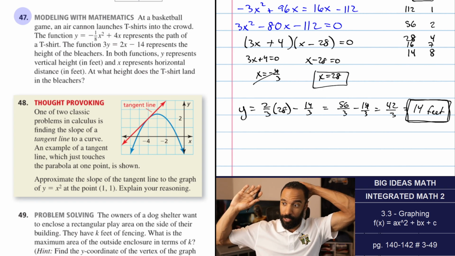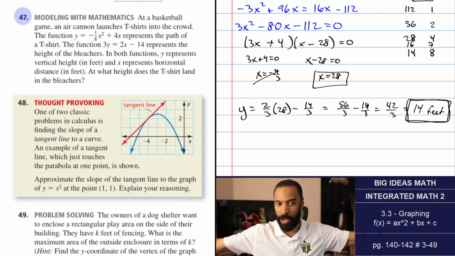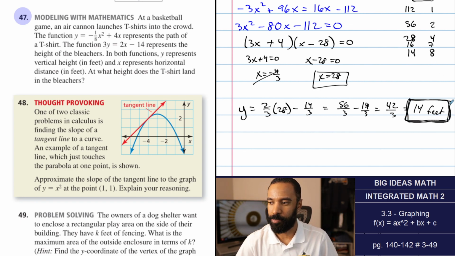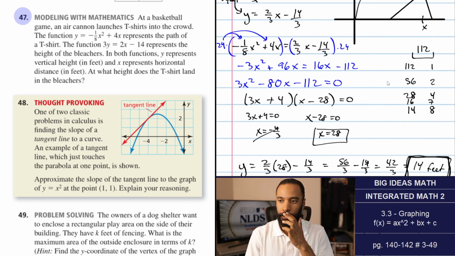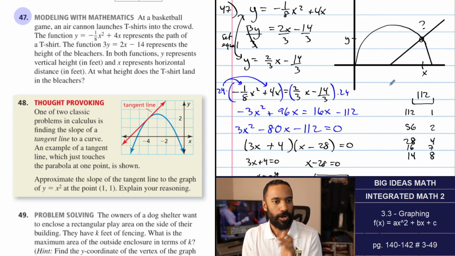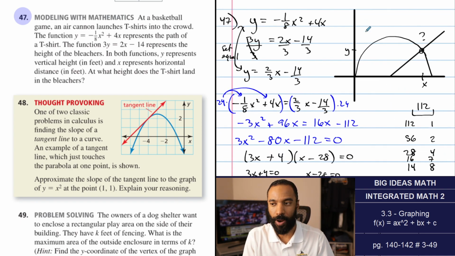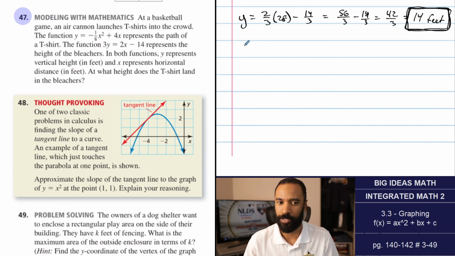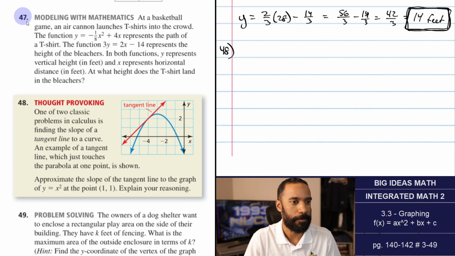That was all without a calculator. I hope I did that correctly. But at what height does the t-shirt land in the bleachers? At 14 feet high. So, kind of tricky. A lot of stuff to go. Whew. The graph barely did much for us, but it did do something for us. Okay. 2 more questions. Number 48.